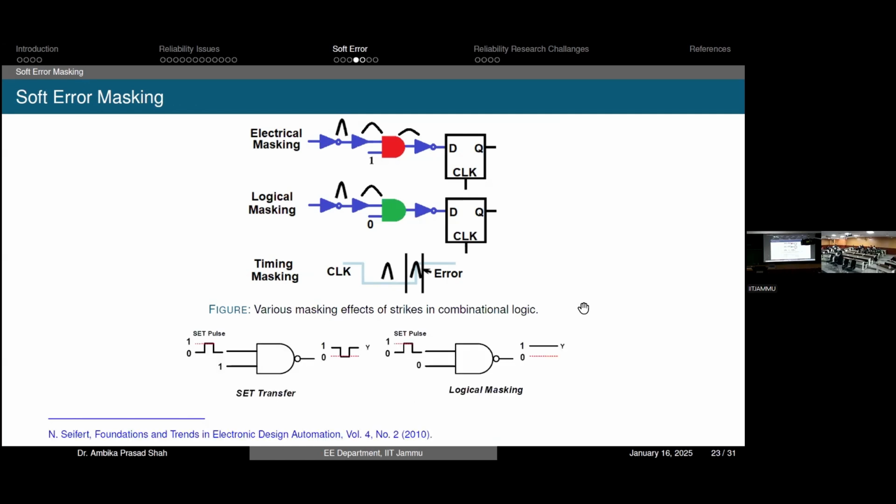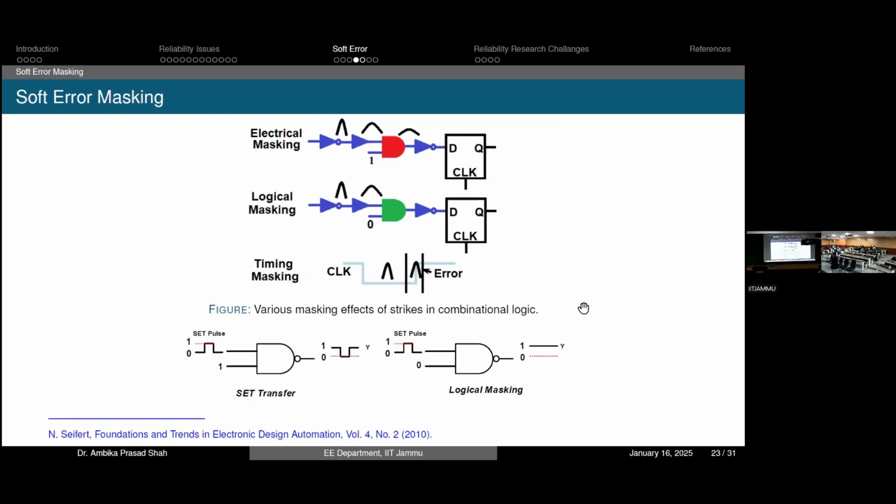See here, if I have a NAND gate and one of the inputs is connected to logic 1, whatever input I apply will be complemented and I will get something. But if I connect one of the inputs to logic 0, whatever input I apply, I will always get output logic 1.